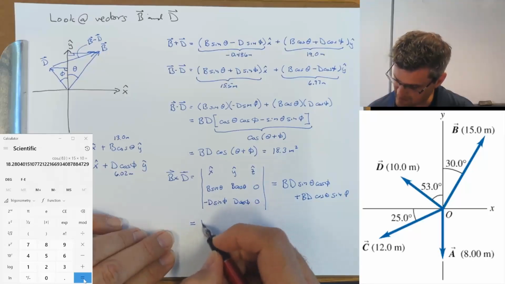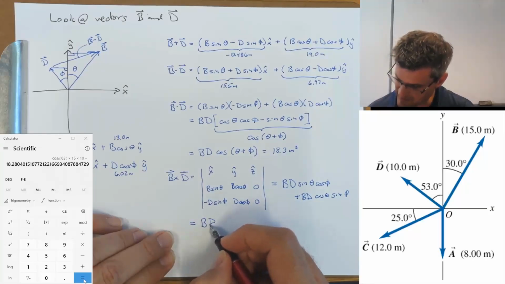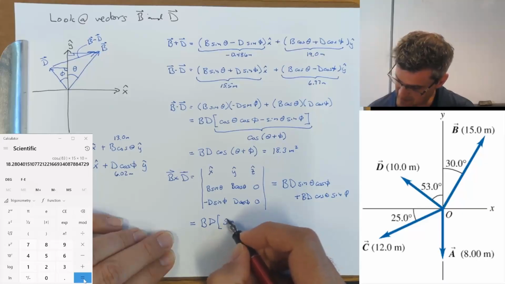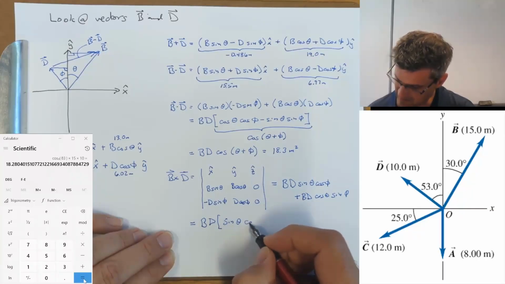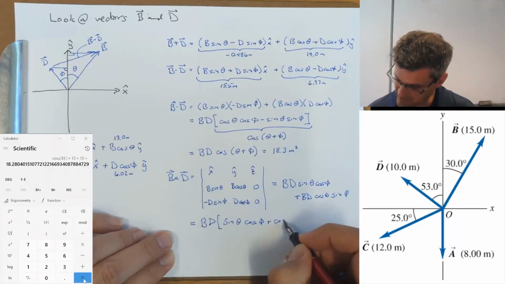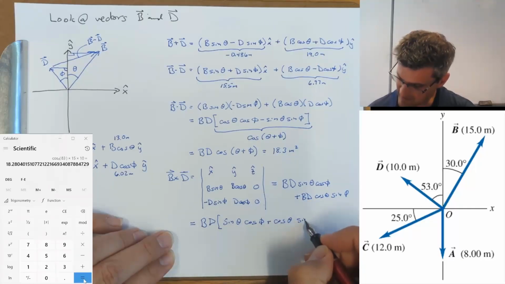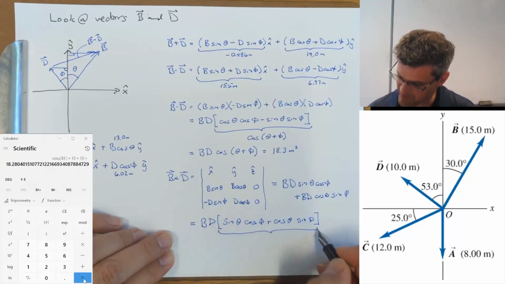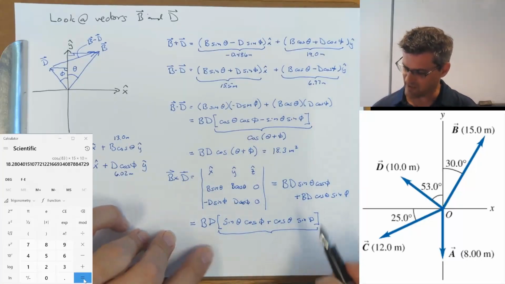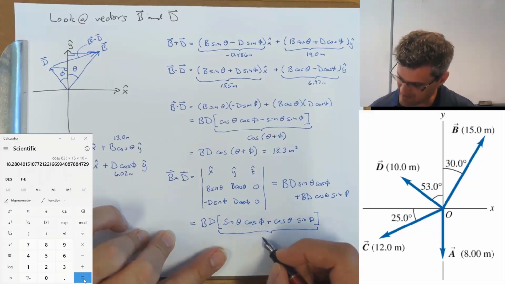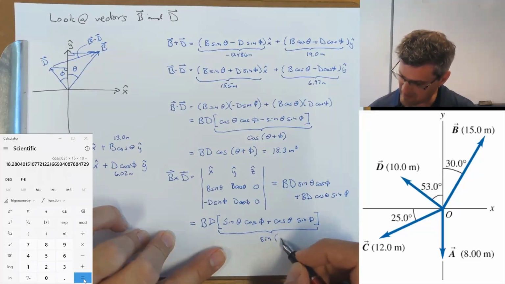So putting this together, this is BD sine theta cosine phi plus cosine theta sine phi. If we remember the trigonometric yell, sine, cosine, cosine, sine, cosine, cosine, sine, sine, sine, this is sine of theta plus phi.